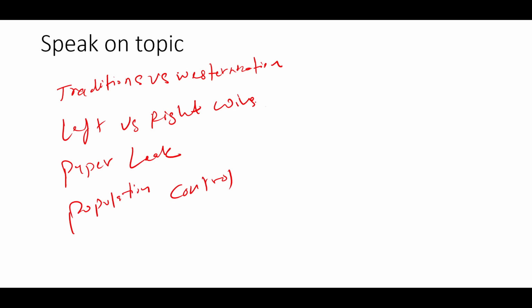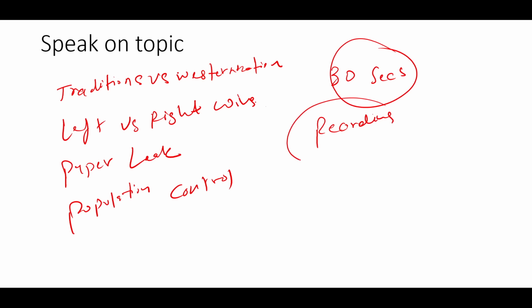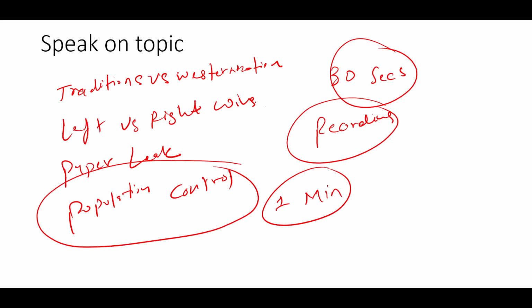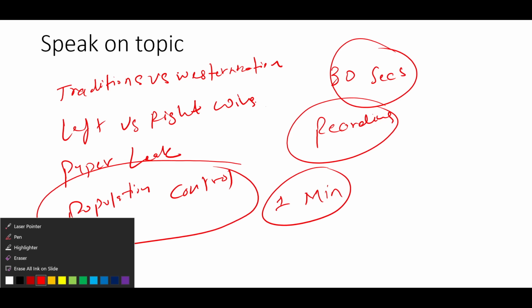What you need to do is think about the topic for 30 seconds, about what you can speak. Then there will be a recording button, and you need to record your response for 1 minute. Suppose the topic is population control. First you think for 30 seconds about what you need to speak.